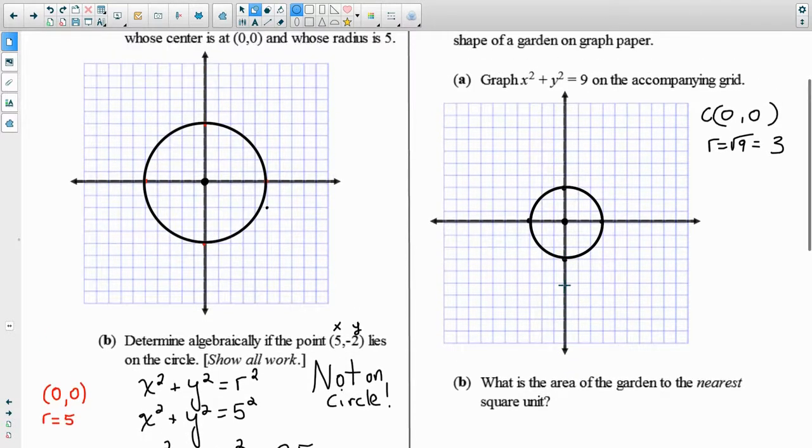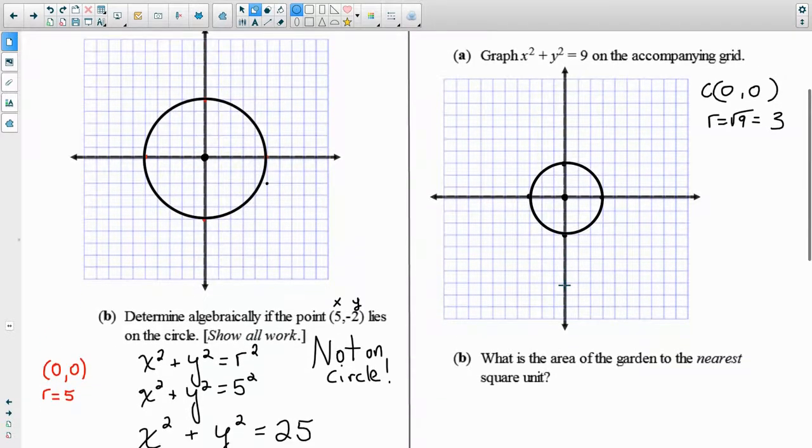Now, here is the first time where that card thing might come in handy, because you might remember that the formula for the area of a circle is equal to pi r squared. But you might also remember that the equations of the circle are equal to the r squared without the pi.